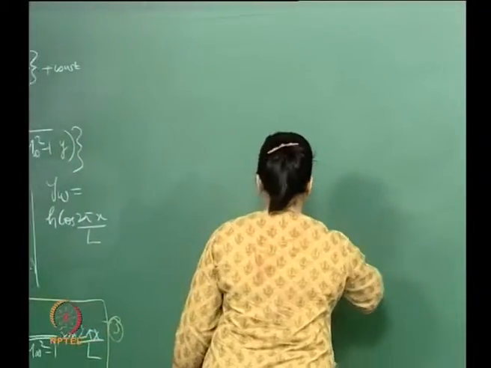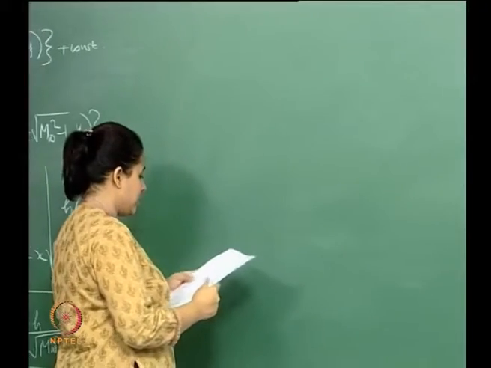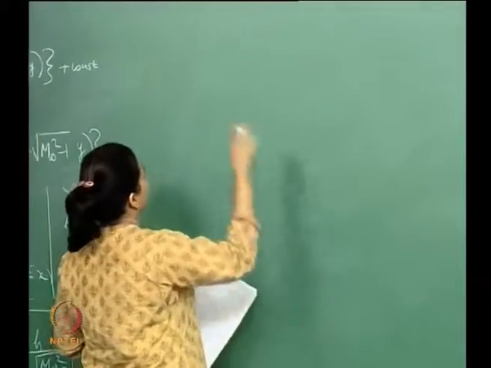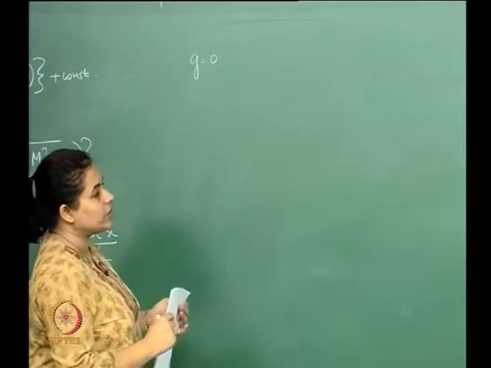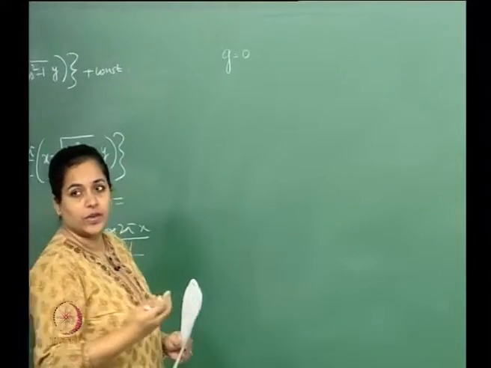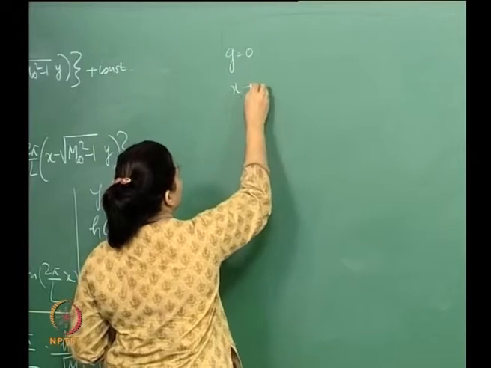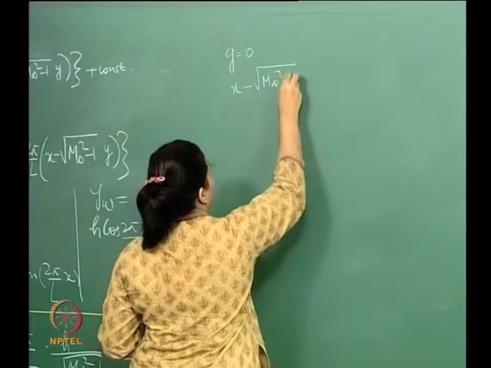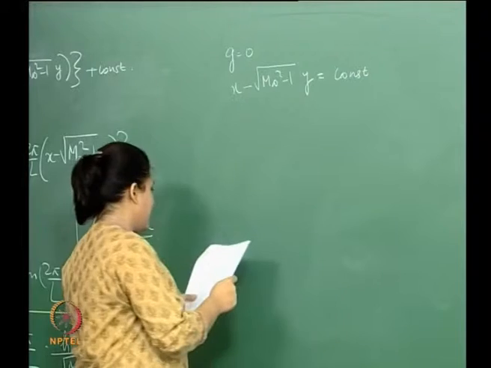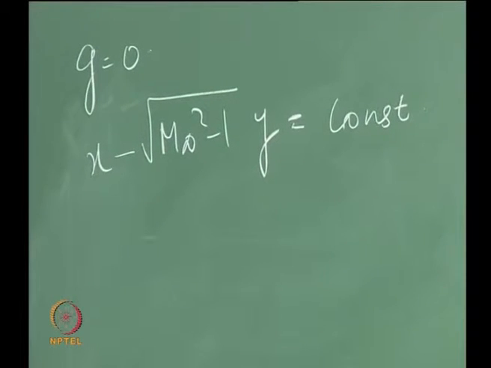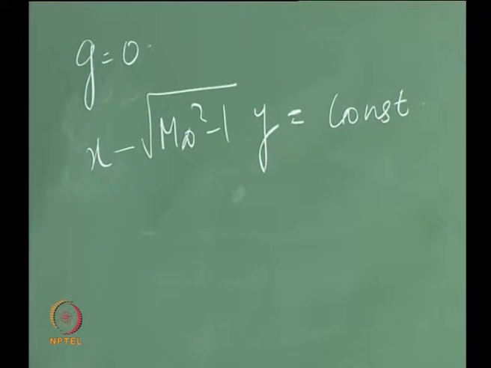So if we take g as 0, then lines of constant phi correspond to this, because phi is then a function of f of this, which you've just done.